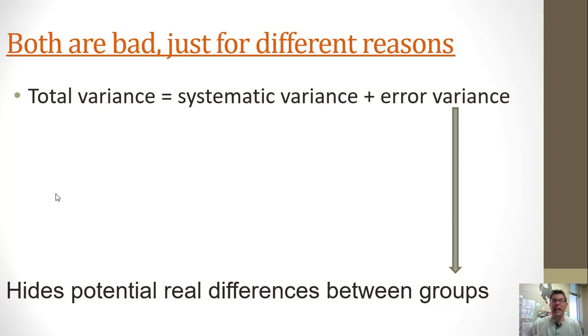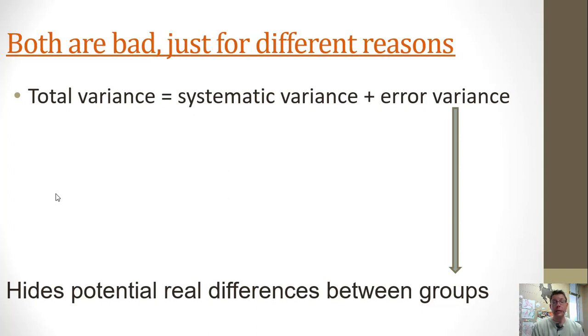But if there's just a ton of bad questions on that exam, that creates error variance, and it's going to make it more difficult to tell if our two groups actually differ or not. If the exam is kind of worthless because it has so much error in it, it's not a good measure of students' knowledge and understanding of the material. And therefore, whether they got a study guide or not, it's harder to tell.